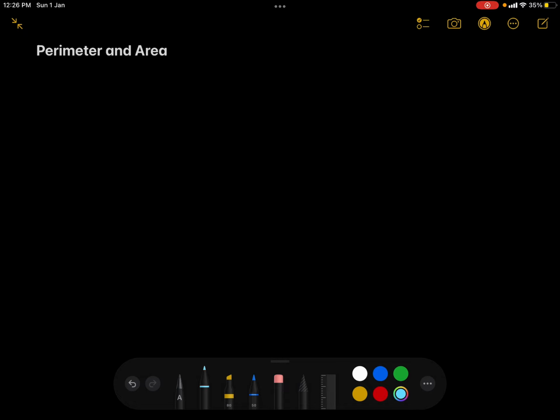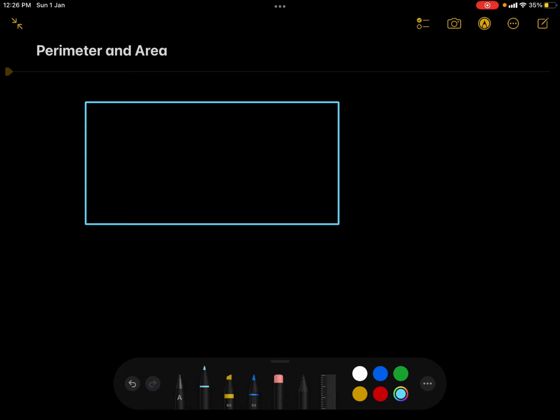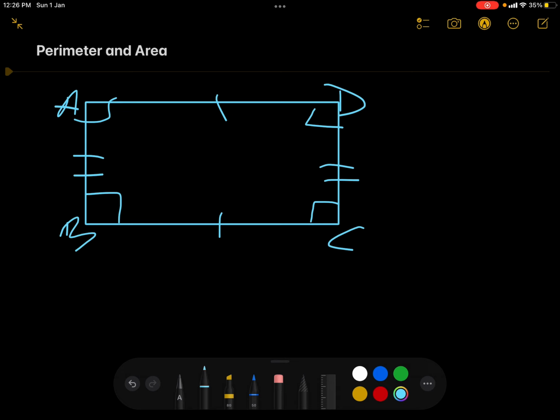So now let's start. Let's say that I'll draw a rectangle. I've drawn a figure here, and as you can clearly tell, it's a rectangle. Now it's even easier to understand. Let's mark this as A, B, C and D. Now what is the perimeter?